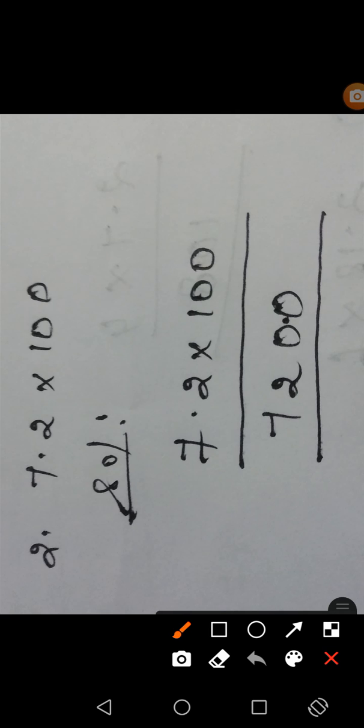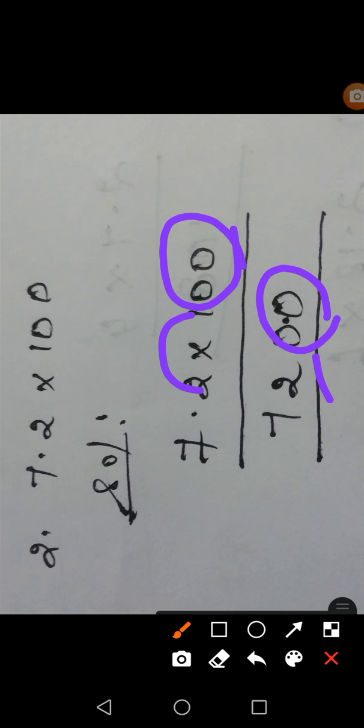First of all you write the zeros. How many zeros? Two zeros. Directly you write two zeros. Then 1 into 2 is 2, 1 into 7 is 7.